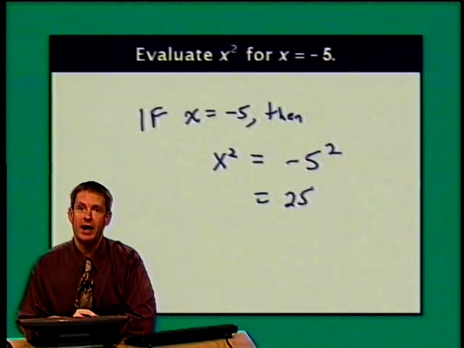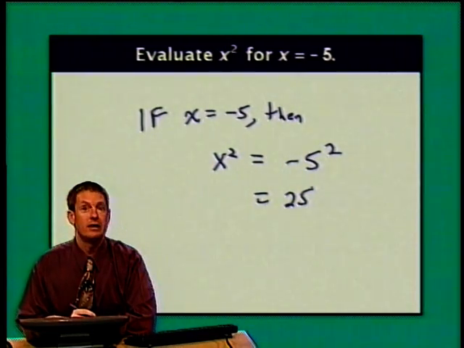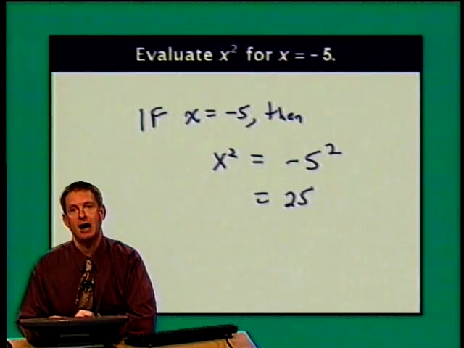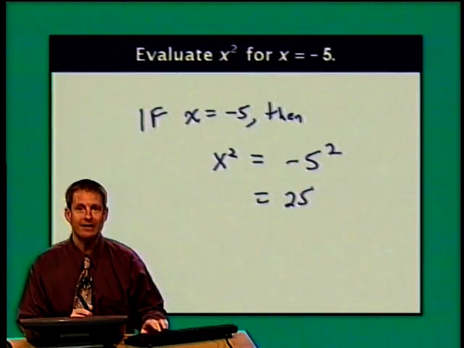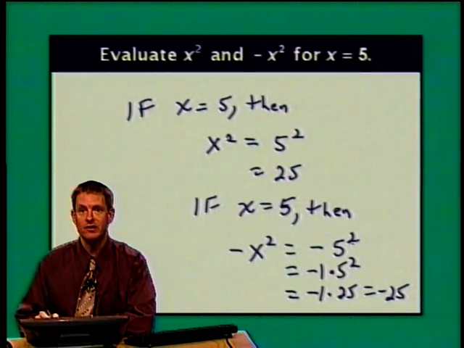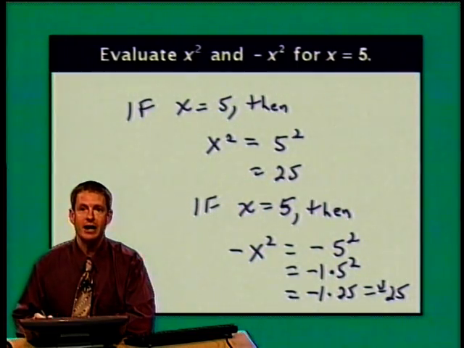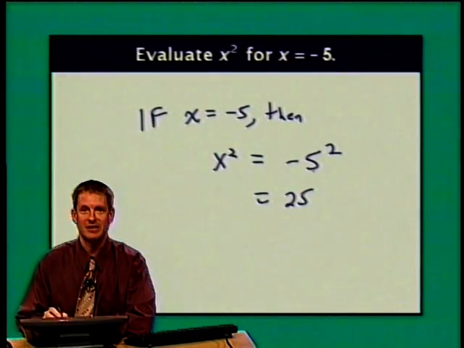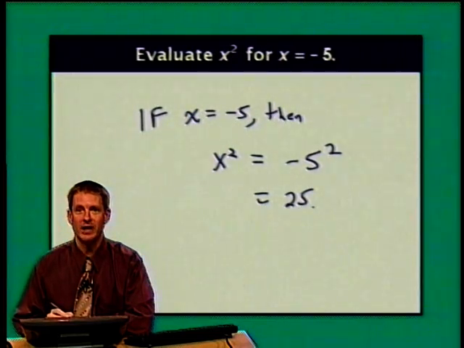It's true that when x equals negative 5, the expression x squared does evaluate to positive 25. But what's written down in the middle here is not correct, because we saw in the last example that when you write down the symbols opposite 5 squared, the result is negative 25. And it just cannot be the case that in some cases the symbols opposite 5 squared means negative 25, and in other cases the symbols opposite 5 squared equals positive 25.